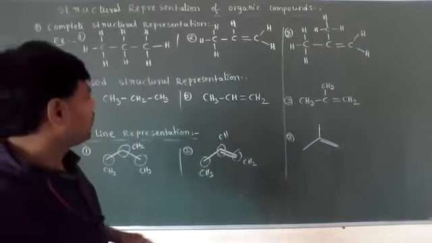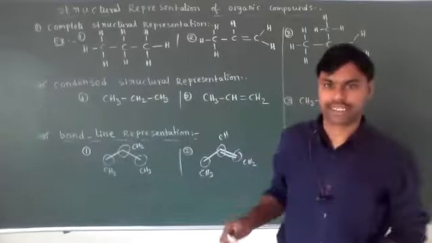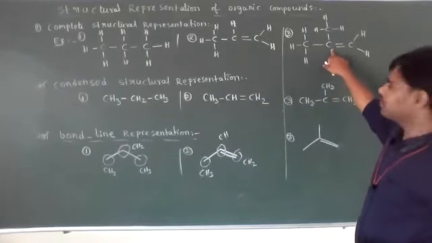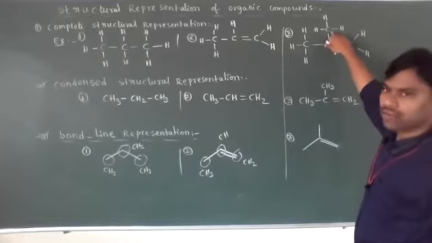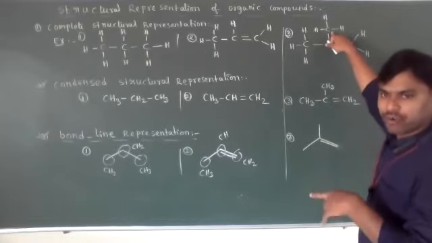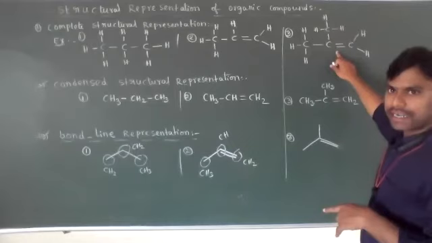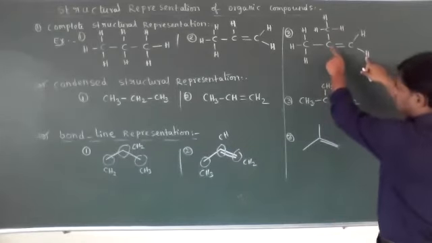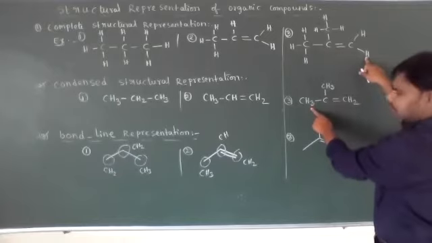Yes, ma'am. Let's see the third one. Ashwini: CH3 bond C. This middle carbon again has one more CH3 group upside, and here double bond CH2 is present. Just draw this. This is the complete representation.